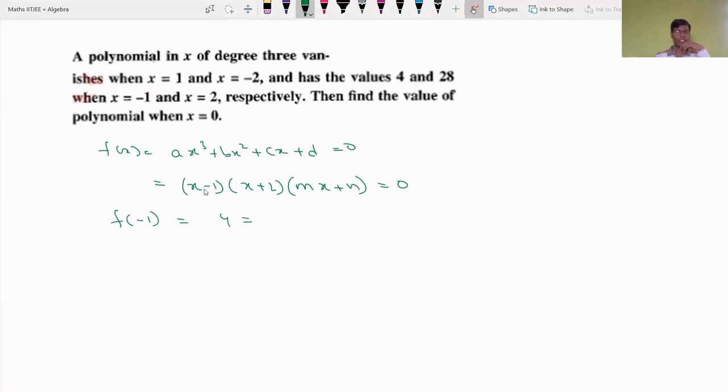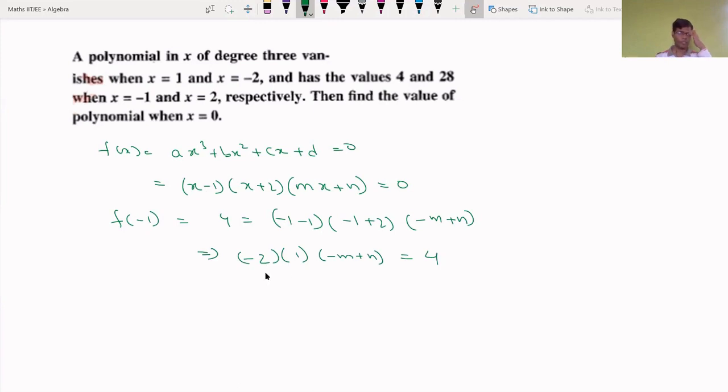So if I put x is equal to minus 1 over here, this will give me minus 1 minus 1 times minus 1 plus 2 times minus m plus n is equal to 4. Okay, so this is nothing but minus 2, this will be 1, minus m plus n is equal to 4.